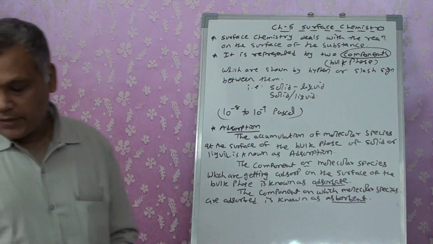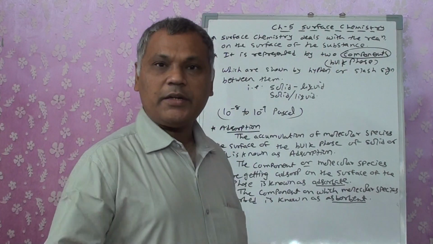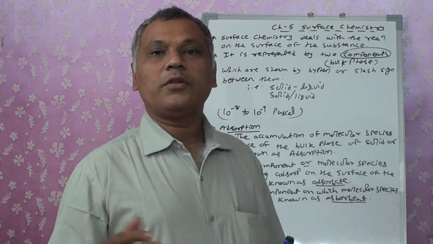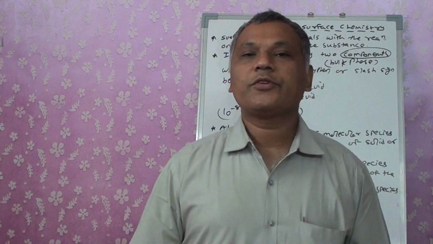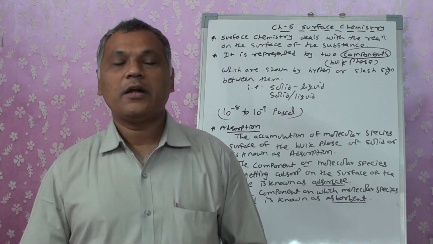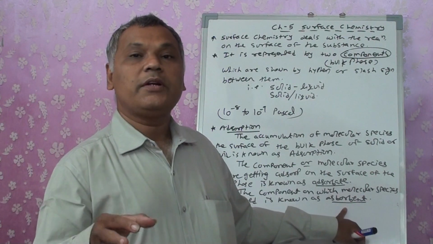You can have a different type of adsorbent. You can say charcoal. When we take charcoal, different colors get adsorbed on its surface. Such components are known as adsorbate, and charcoal is the adsorbent.